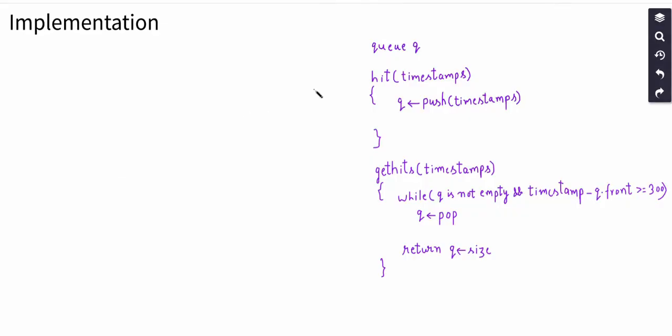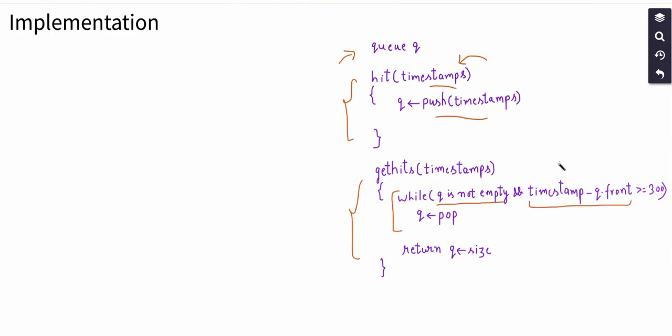So in the implementation we simply take an empty queue. We design this hit function. It's a very simple function. All it does is take the timestamp and push it into the queue. Then in this get hits function we run a while loop which simply runs till the queue is not empty, and the range from the current timestamp till the front element of the queue must be greater than or equal to 300.